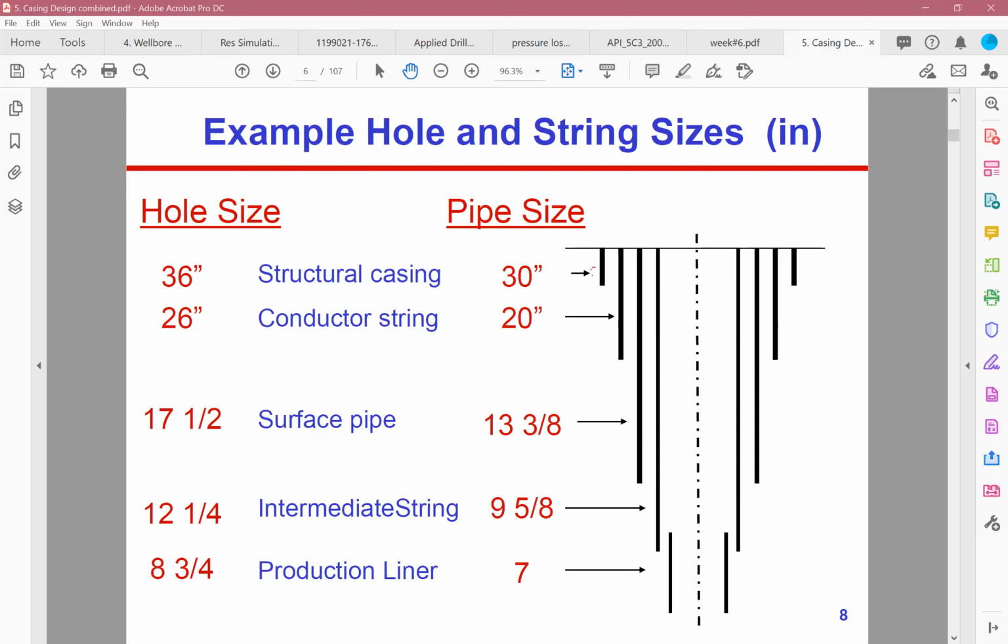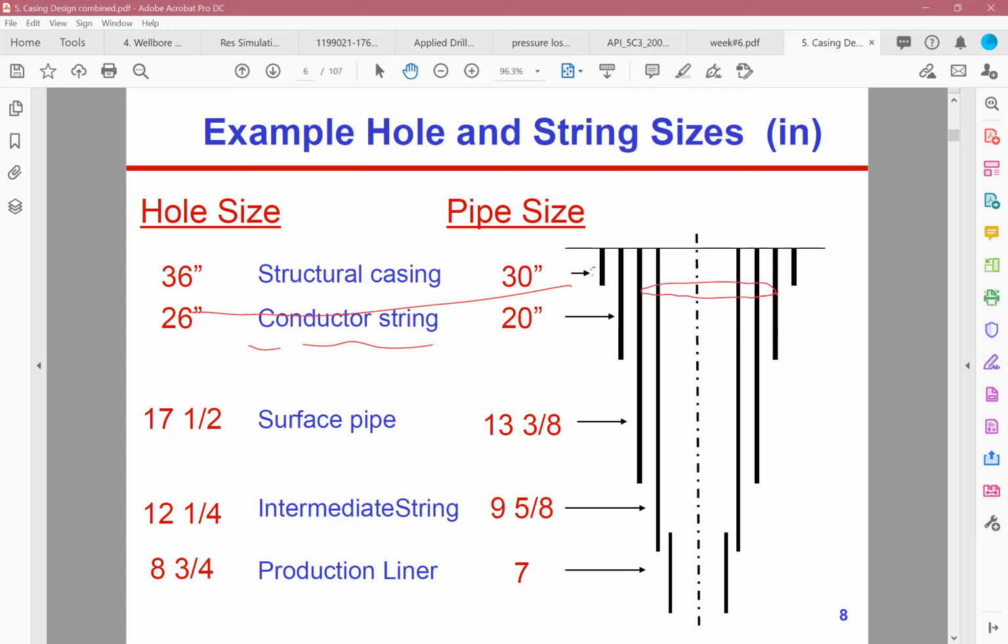So you have all these casings hanging from a high strength material on the surface. We don't usually run this one, but we usually start from the conductor casing, and you drill with a large drill bit.